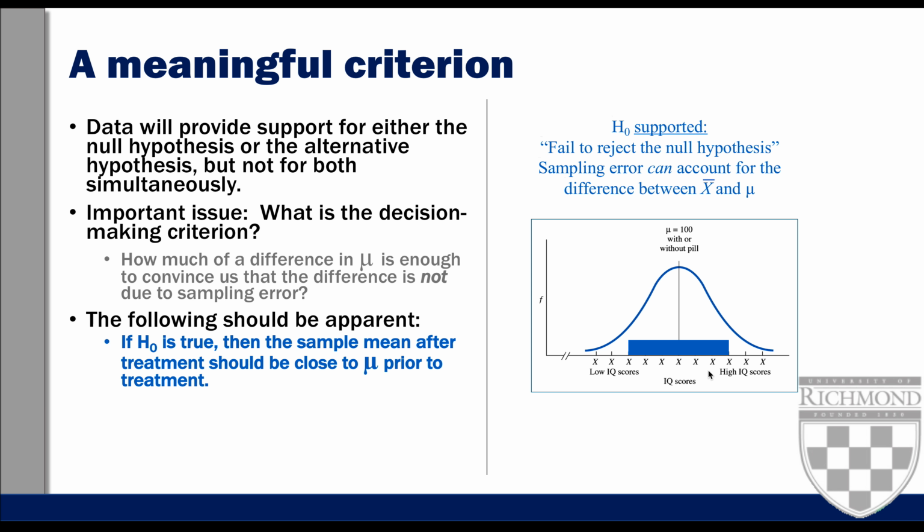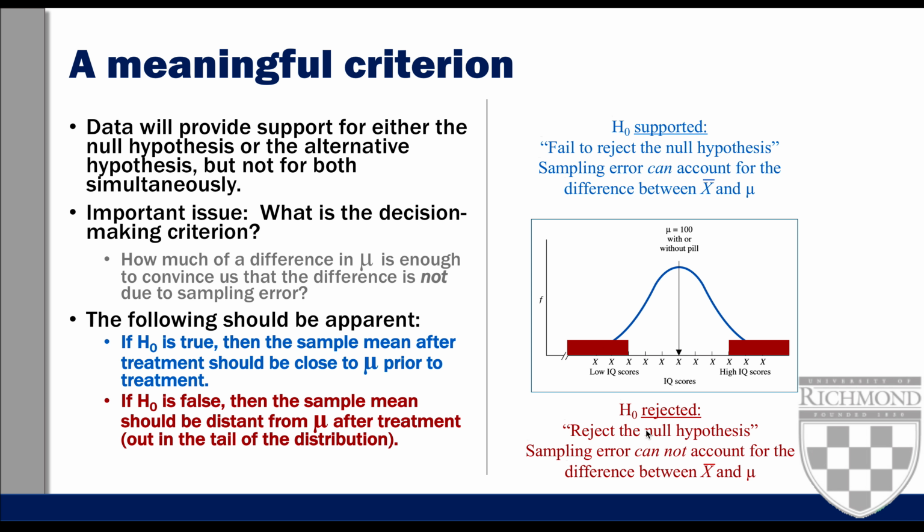And we're going to have scores that probably fall somewhere in this range, if the null hypothesis seems to rule the day. Okay, so if we end up with means that kind of fall right in here, we fail to reject the null hypothesis. On the other hand, if we end up with means that are way out in the tails, then we would reject the null hypothesis.